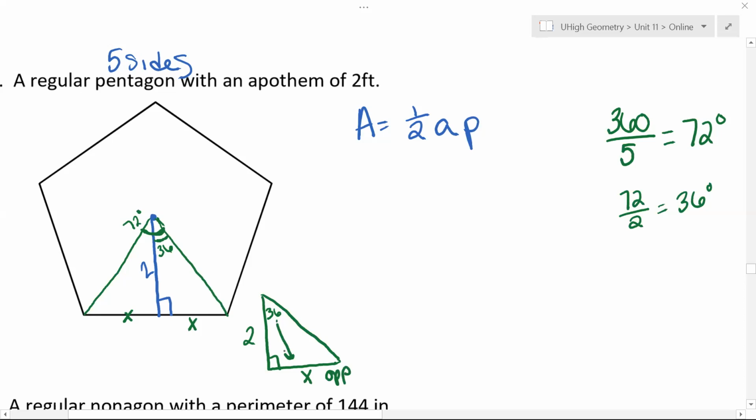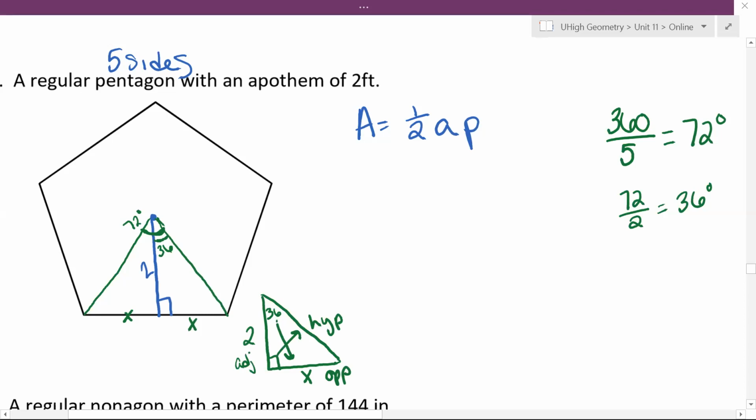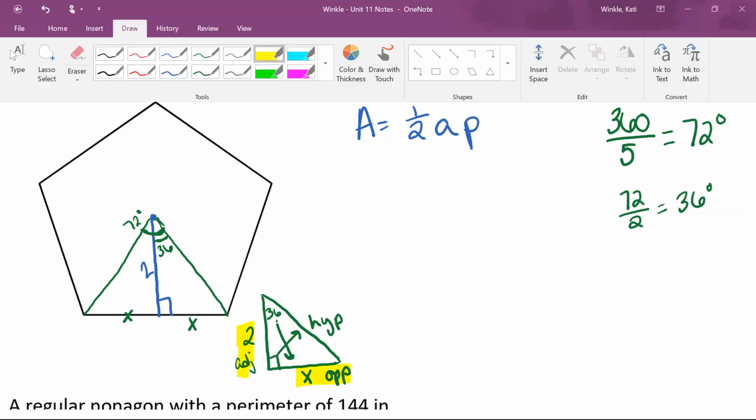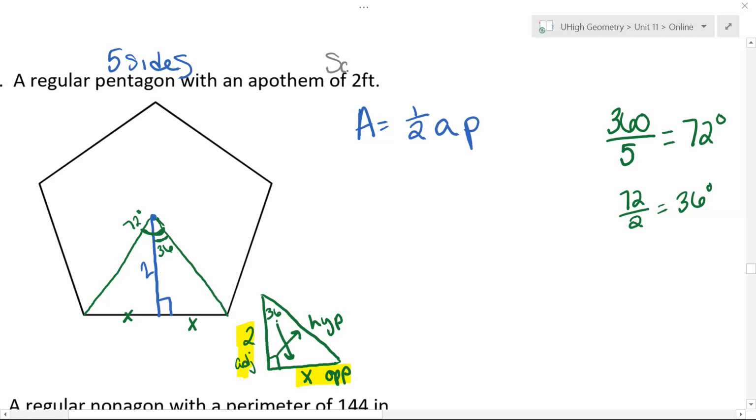My hypotenuse is opposite of my 90 degrees. And my adjacent is the leftover. So in this triangle, I have my opposite and my adjacent. So thinking back to my SOHCAHTOA, that would be tangent. So I could take the tangent of 36 equals opposite over adjacent.